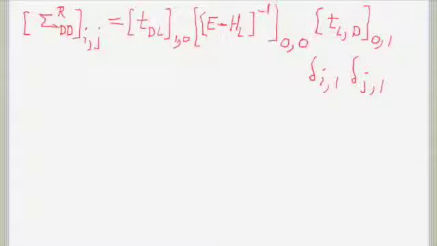So there are a lot of concepts being demonstrated. One is that we have this E minus H_L inverse, which looks like a Green function for the left lead. But to get the self-energy that I need for the device, the only element of that semi-infinite Green function that I need is just the 0, 0 matrix element, the matrix element of the node right next to my device.